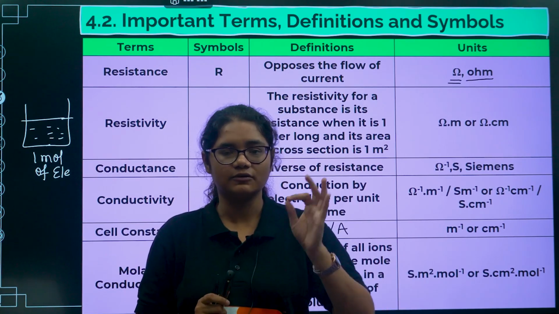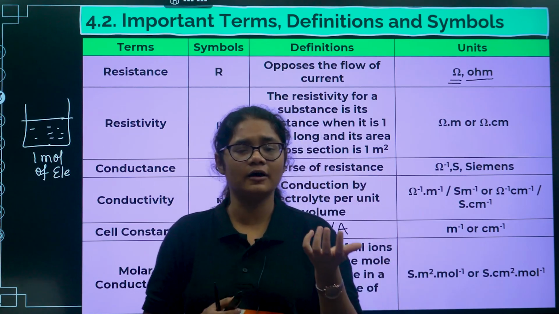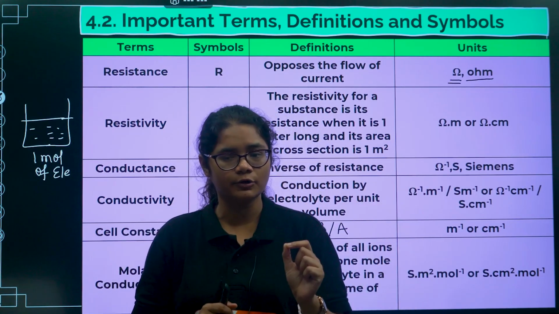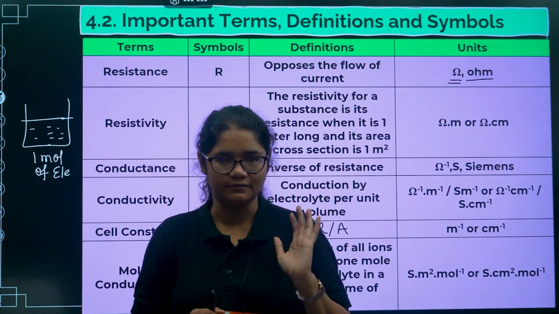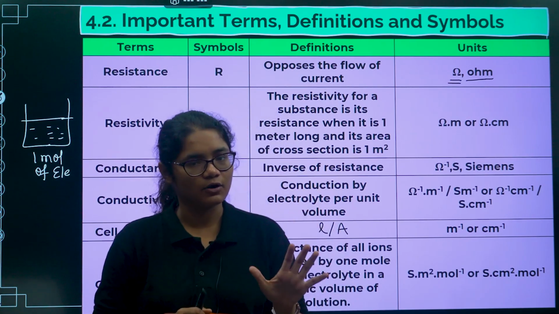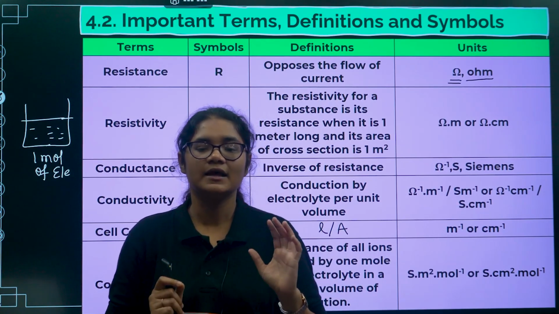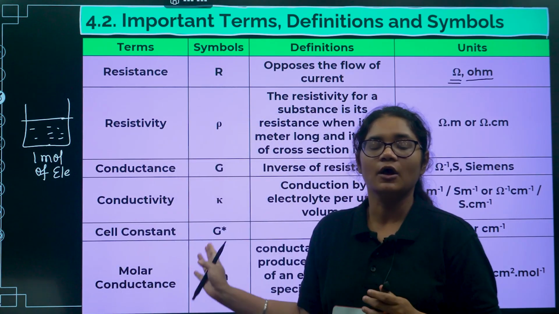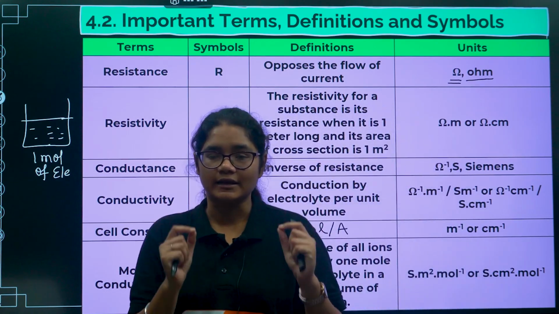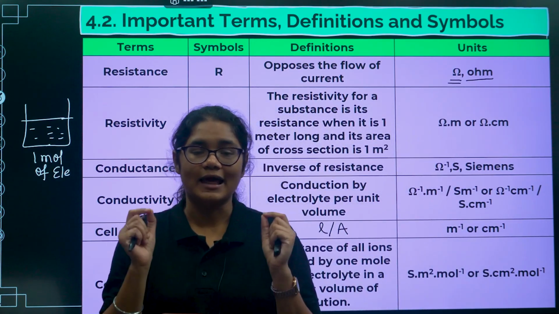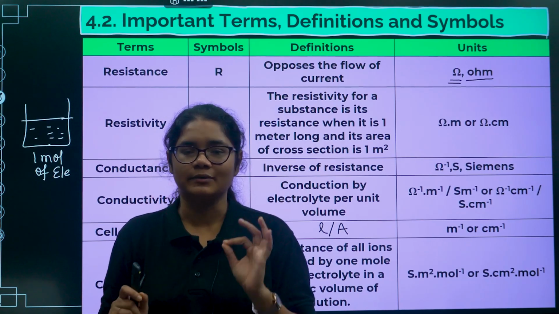Conductivity is the opposite of resistivity, and it is the electricity conducted per unit volume, and its SI unit is S centimeter inverse or S meter inverse. And next we have cell constant L by A, its unit is meter inverse or centimeter inverse. Next we have molar conductivity or molar conductance, that is lambda m, and it is the electricity conducted by 1 mole of an electrolyte, and its unit is S centimeter square mole inverse or S meter square mole inverse.